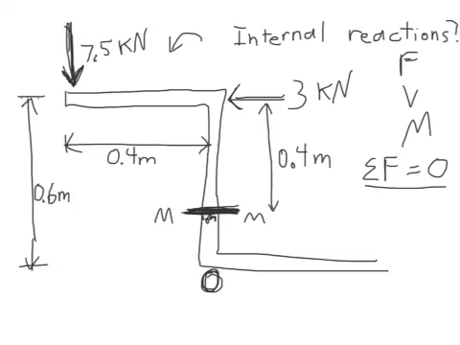And we have a big down force here that must be countered by an upward force acting here. So the math here isn't really too hard. 7.5 kilonewtons minus whatever the upward force here equals 0. So we can see that this axial force must be 7.5.